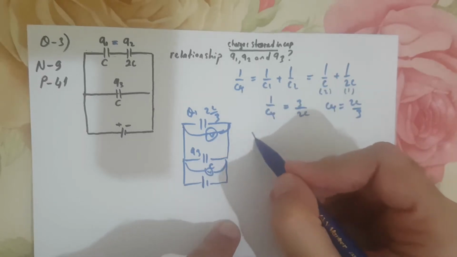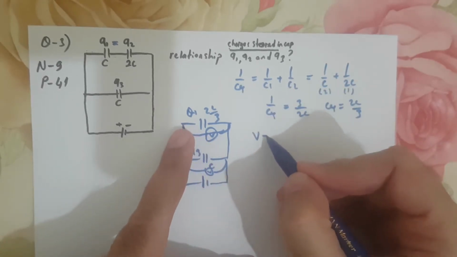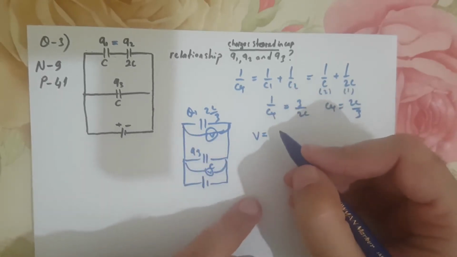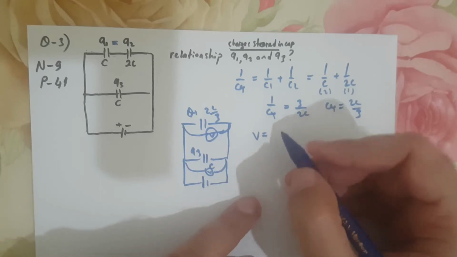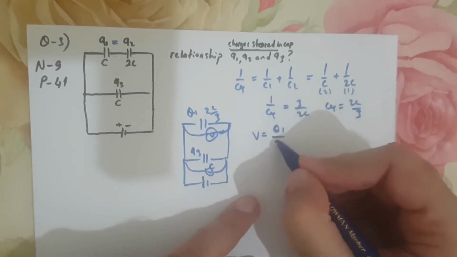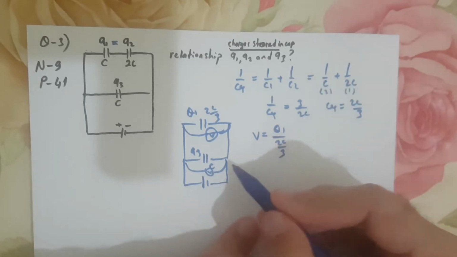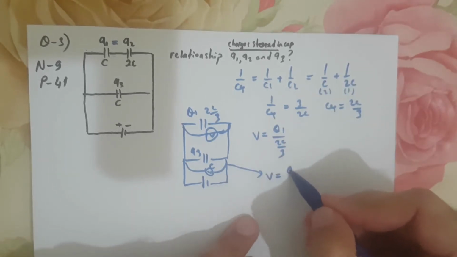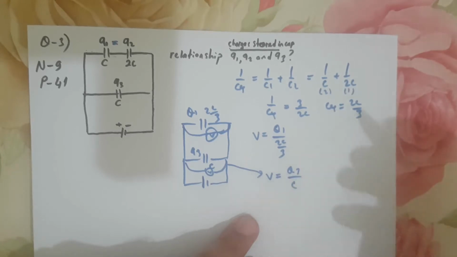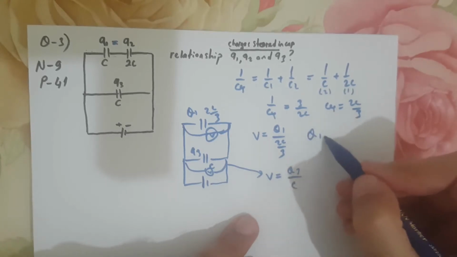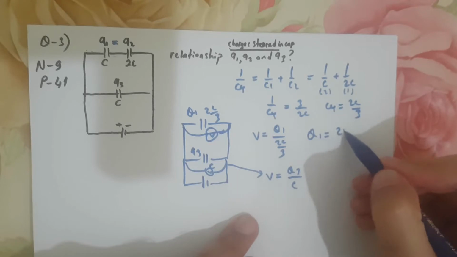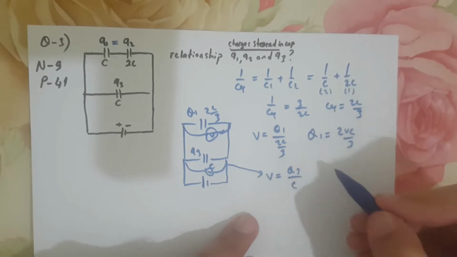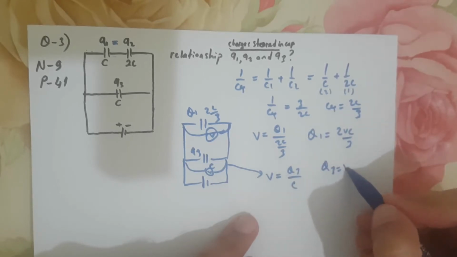So when we write V for the upper half, V is equal to Q over C, you know that, Q1 over 2C over 3. What about this one? V is equal to Q3 over C. So when we write that, Q1 is equal to 2VC over 3, but Q3 is equal to VC.